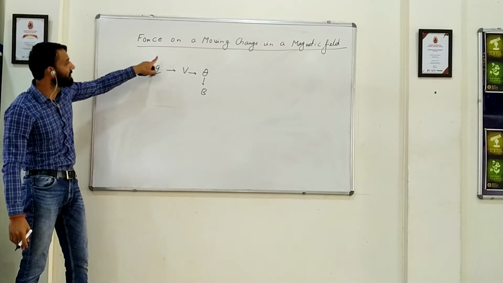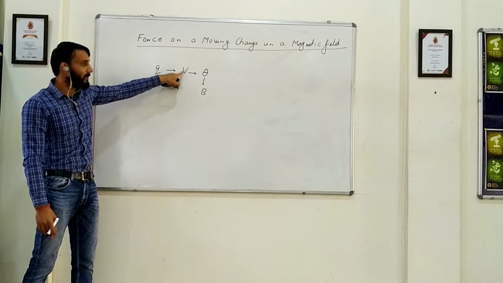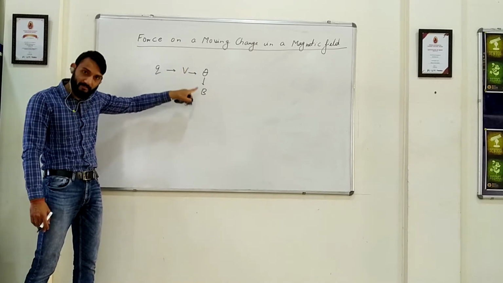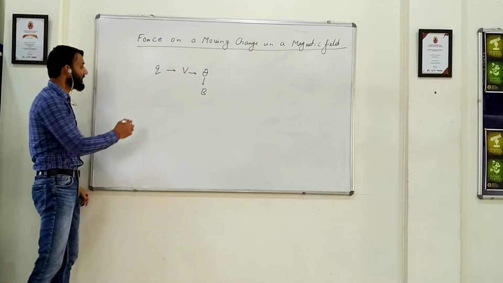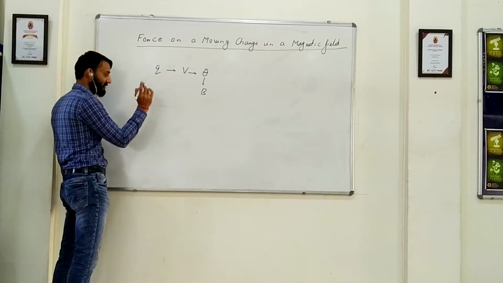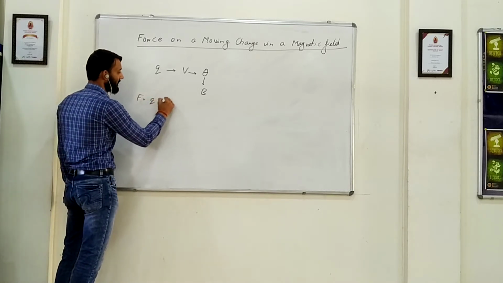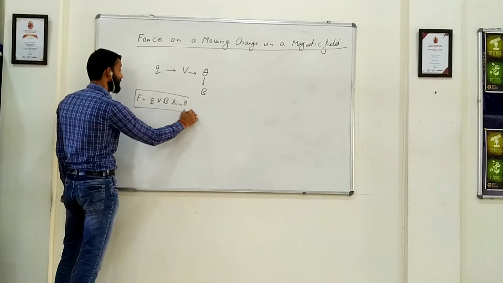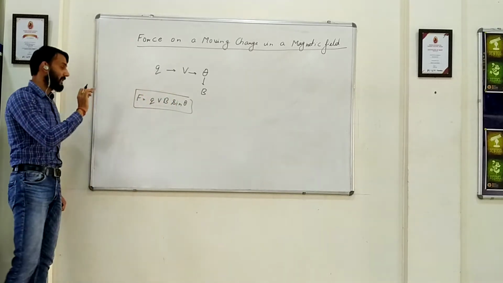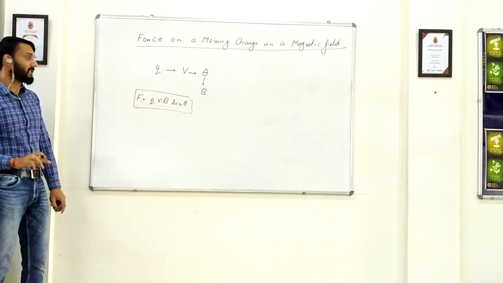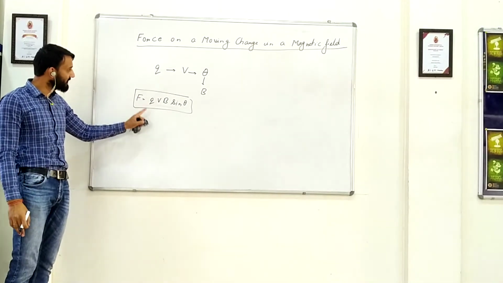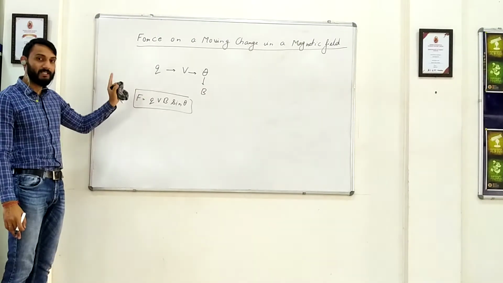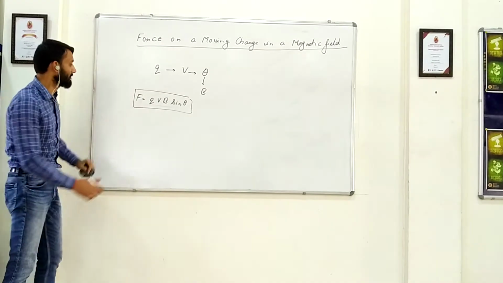So a charge Q moving with a velocity v, making an angle theta with the magnetic field B, the force experienced by this charge will be QVB sin theta. Remember that this is the force experienced in the magnetic field when the charge is moving with a velocity v and making an angle theta with magnetic field B.